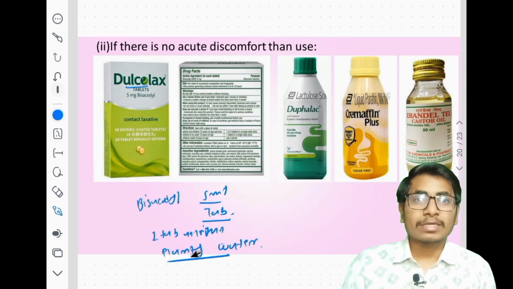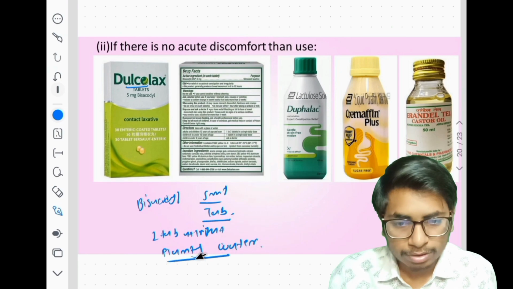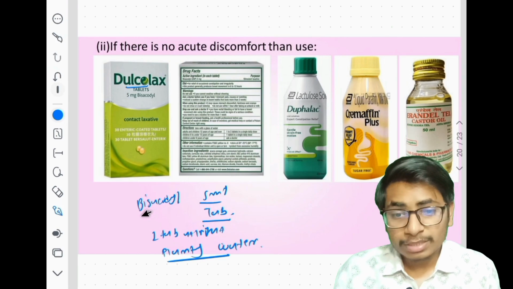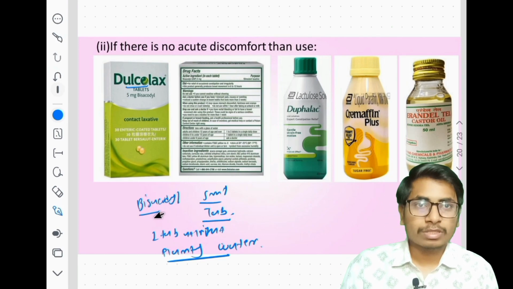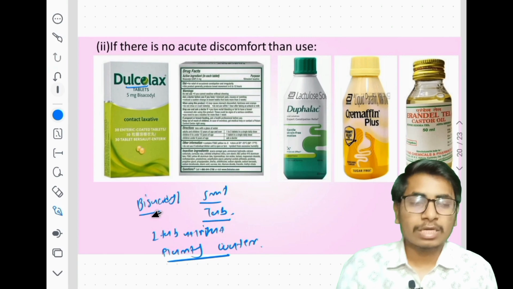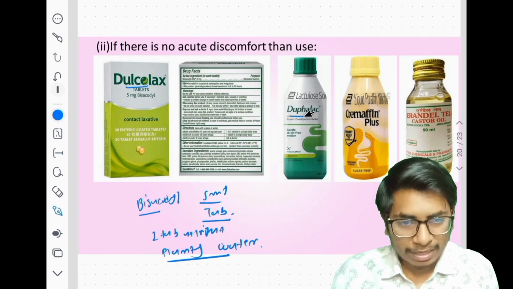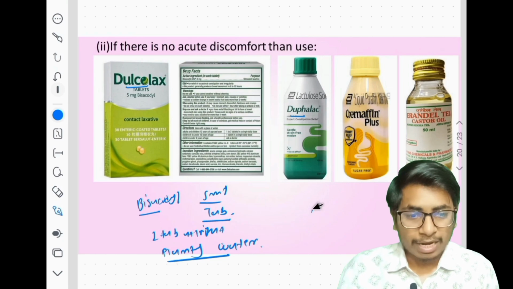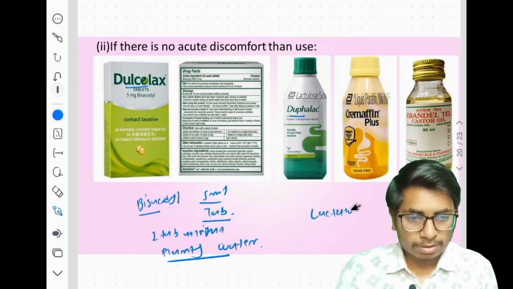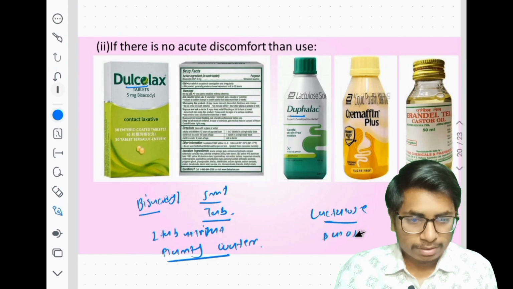so that it can maintain the water content in the stool. It is one kind of stimulant laxative, so it increases intestinal motility. The second is syrup Dufalac, which contains lactulose, a bulk osmotic laxative.